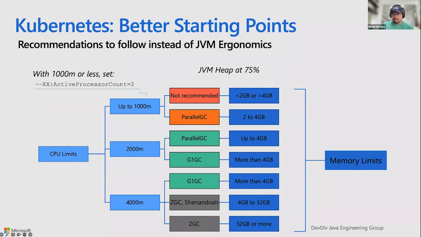If you're planning to give more than 4,000 millicores to your workloads, G1 GC, and even ZGC and Shenandoah options are all available. But we do recommend that you consider Shenandoah and ZGC for large heaps, and G1 GC for medium to large heaps.